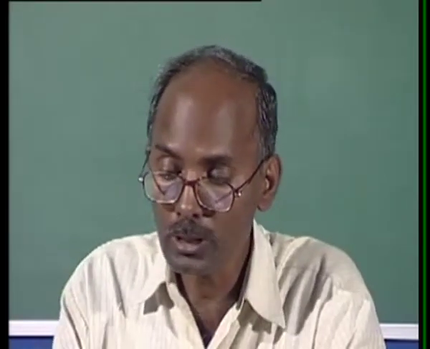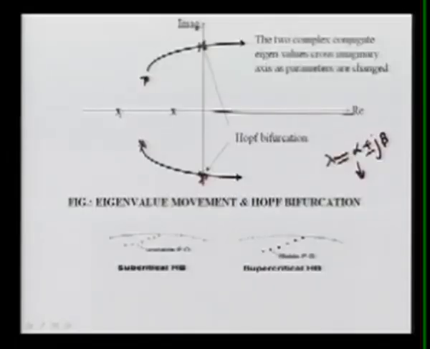So, the two complex conjugate eigenvalues cross the imaginary axis as parameters, here the load parameters, are changed. At this point alpha becomes 0, and we only have the pair of imaginary eigenvalues.